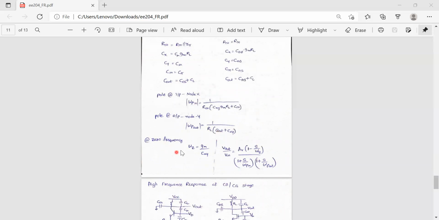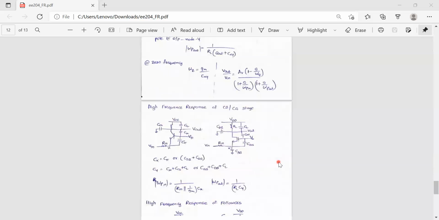And we can find the zero frequency by equating V out to 0 and finding the frequency. At last we can find the transfer function containing the poles and zeros.